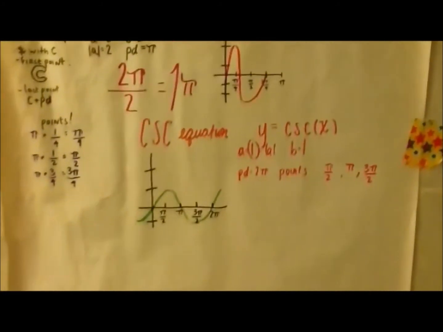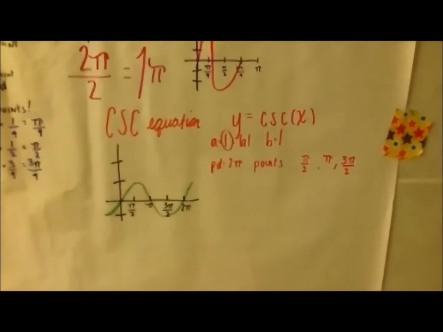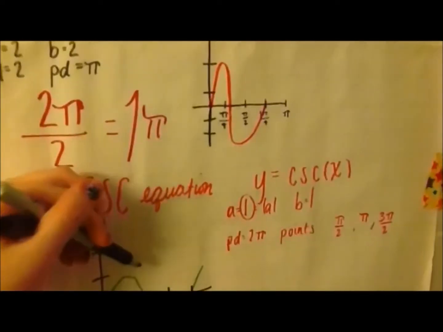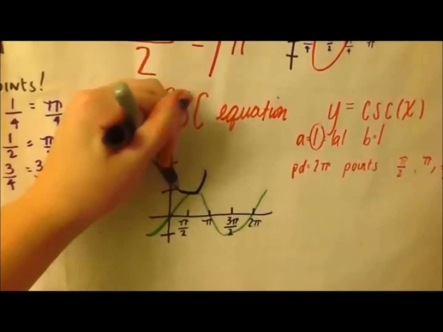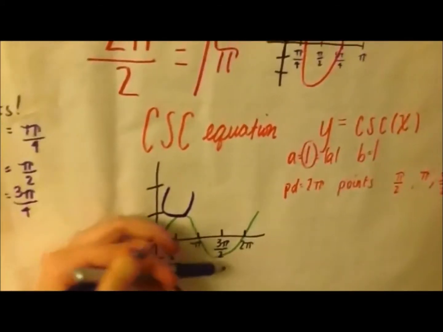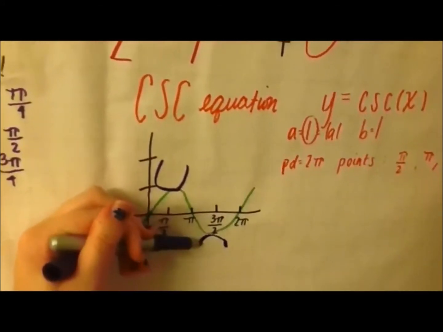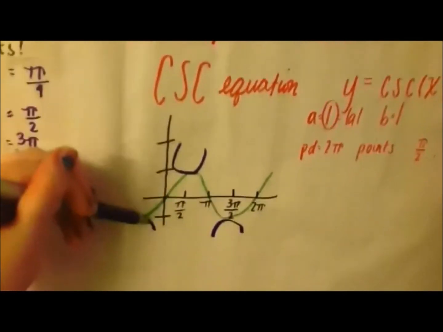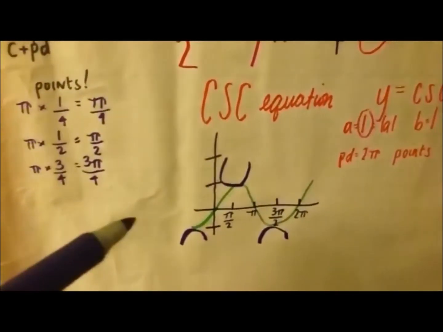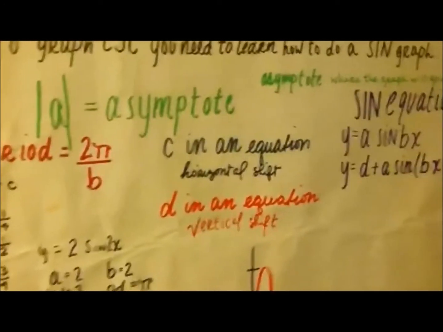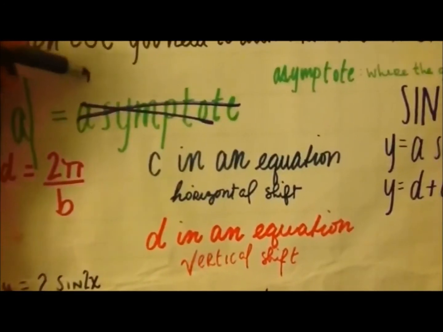To do your cosecant equation, what you're going to do is put a little curve over the other peaks and valleys. Right here and right here. You could add one right here too. That is your cosecant equation. Oh, and by the way, I meant asymptotes. Well done.